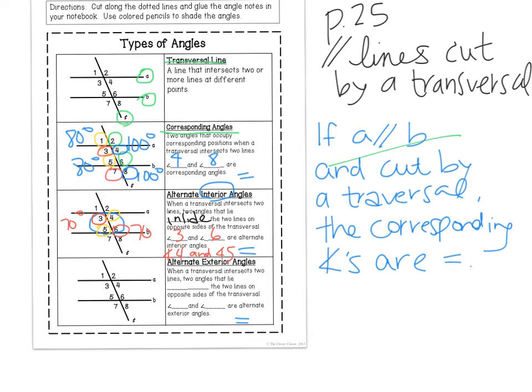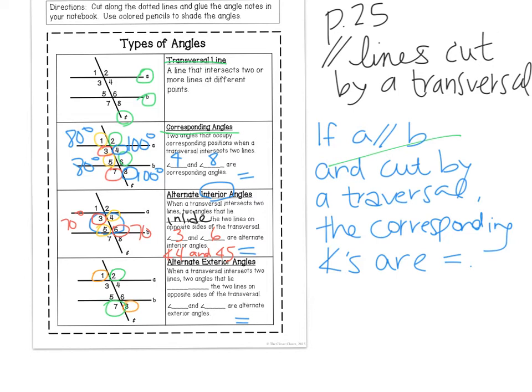Those angles are also equal. So let me tell you which ones they are by color coding it. So 1 and 8 are equal. 2 and 7 are equal. All right?